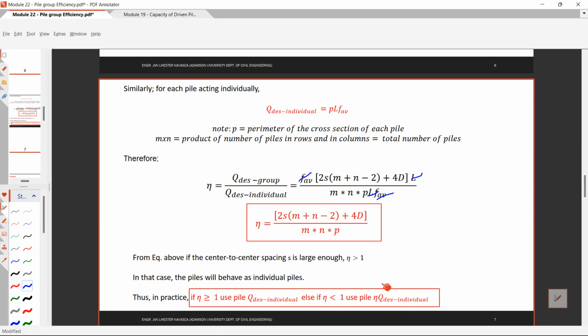Okay, again, we are not using mu that is greater than 1. So parang may ganito siya. Your efficiency should be always less than or equal to 1. Okay? So you cannot use an efficiency that is greater than 1 for practice.